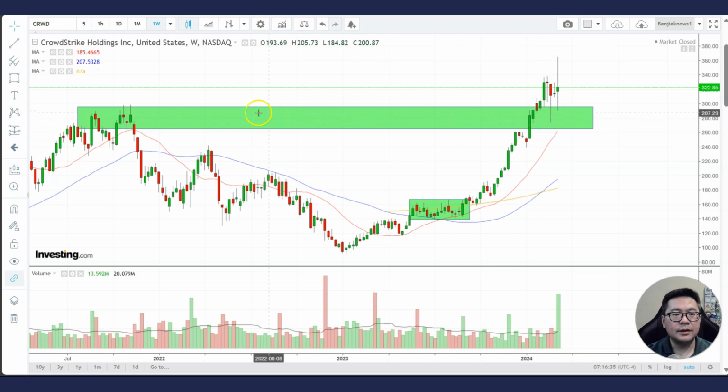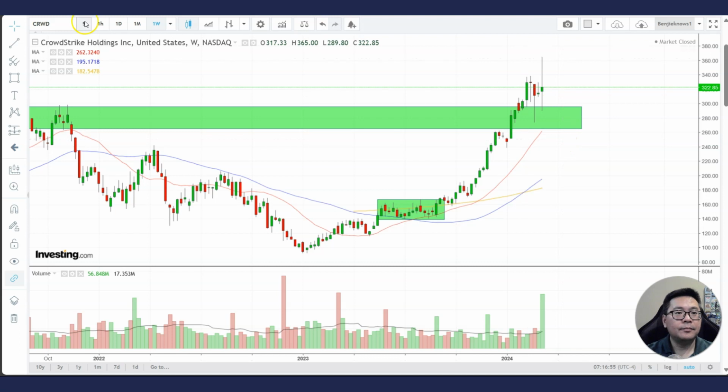And that is why, as long as Crowdstrike stays above this support area, this green area, you should continue to be bullish bias on the stock. And also take note that it is above the rising weekly 20 MA. So whenever that happens, you want to stay bullish bias.